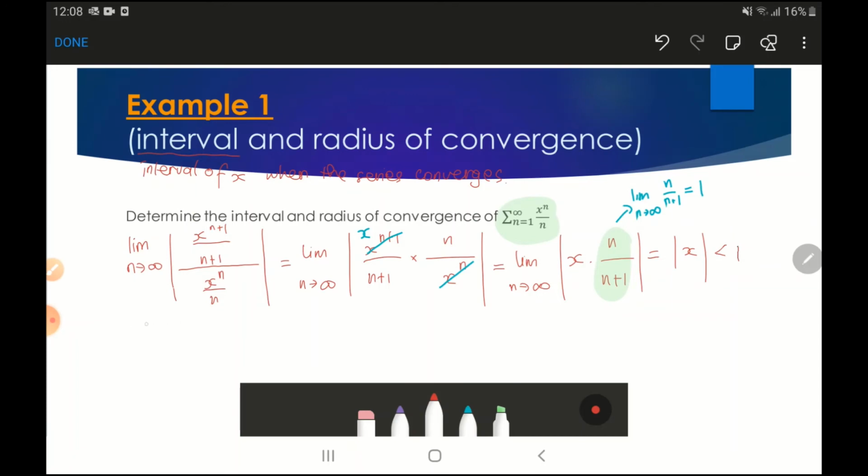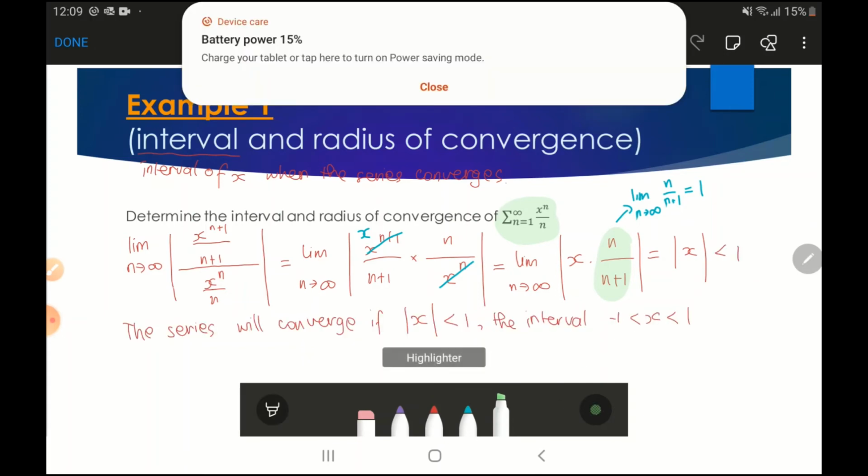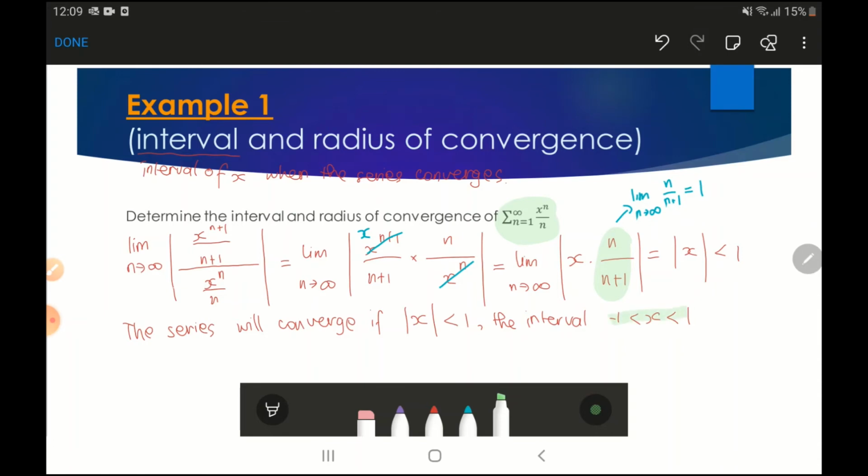So we can say that the series will converge if the absolute value of x is less than 1, which, because it's an absolute value, means the interval will be -1 to 1. So this is our interval of convergence. Here you go.